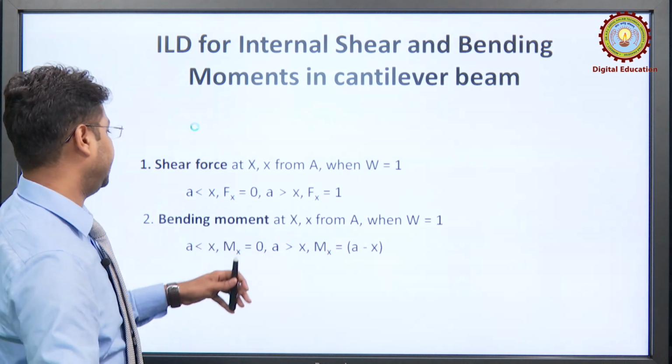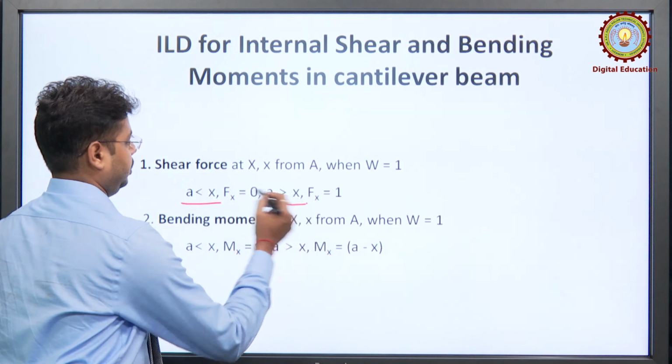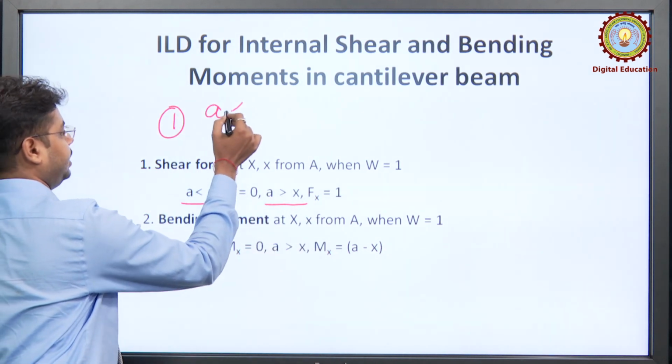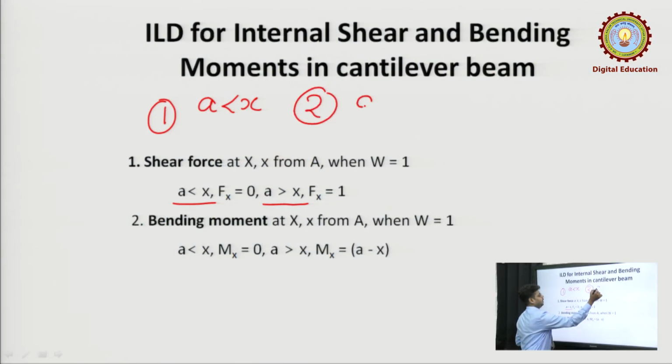We have two conditions. The first condition is when a is less than x, and the second condition is when a is greater than x. Same thing we are going to do.